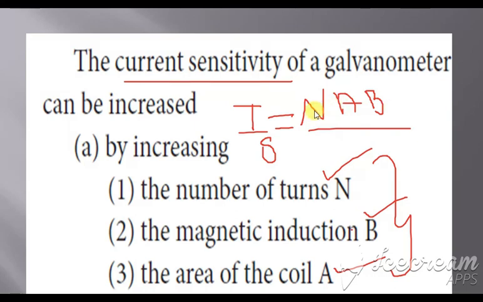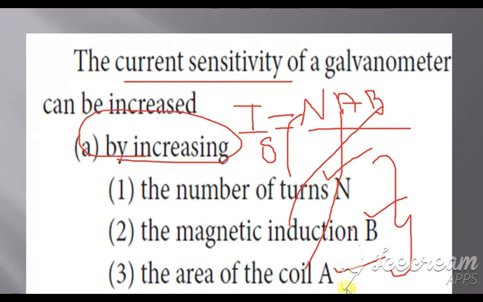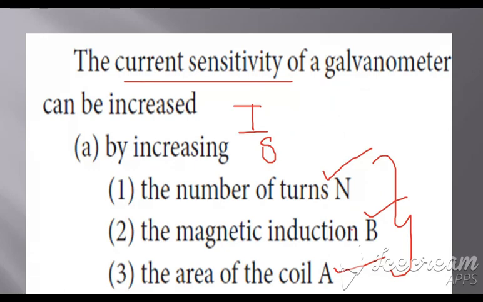N is the number of turns, A is the area, B is the magnetic induction. So you can increase all of these. If you increase them, then the current sensitivity will increase. Okay, so this is the first point.